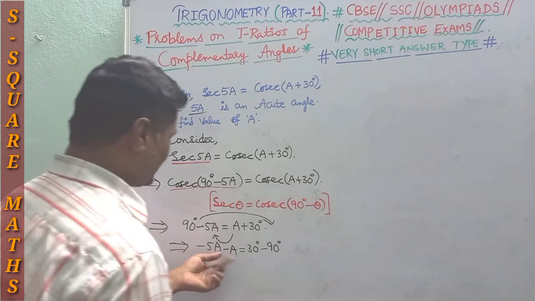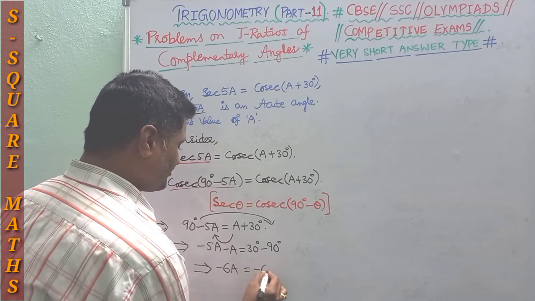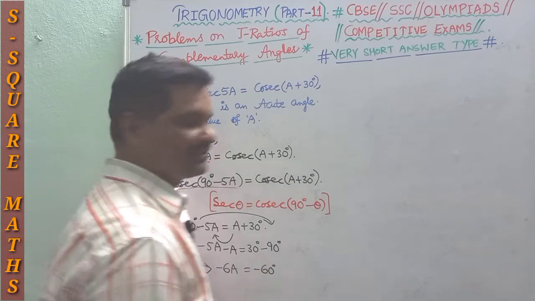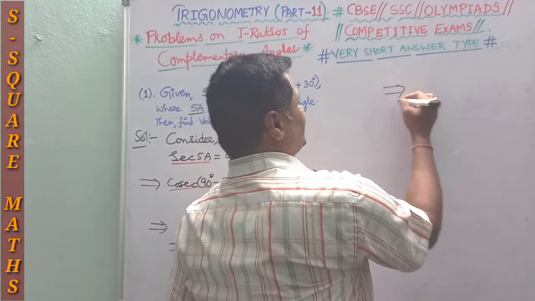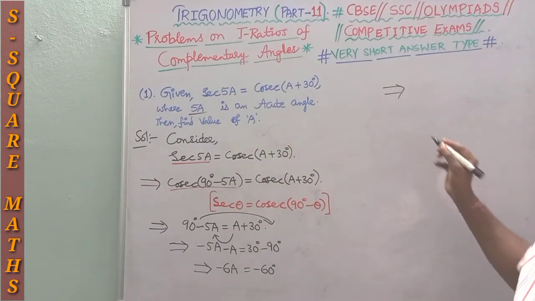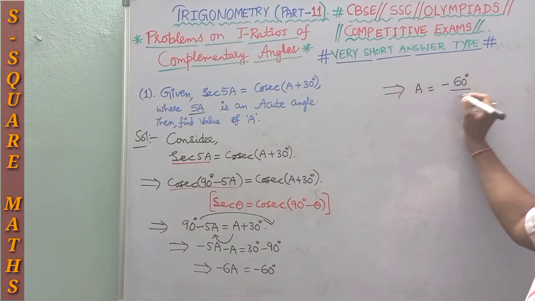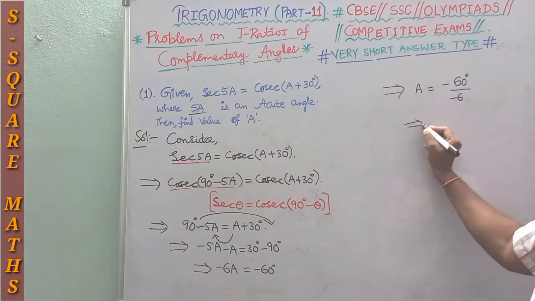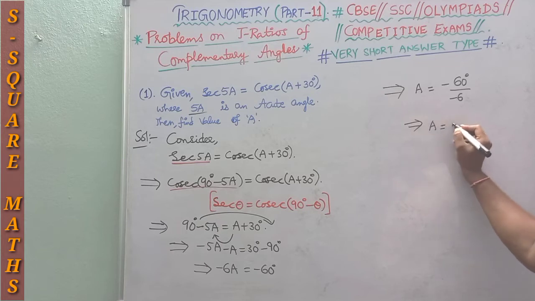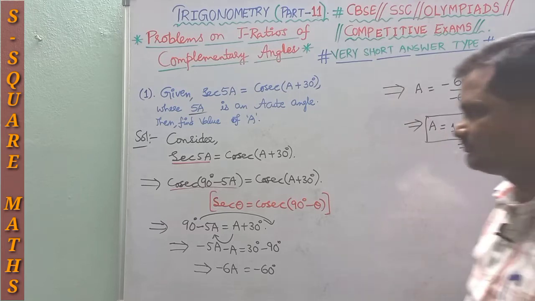So minus 5a minus a is minus 6a is equal to minus 60 degrees. So minus 6a is equal to minus 60 degrees, a is equal to minus 60 degrees by minus 6. So finally a is equal to 10 degrees. Okay, this is the conclusion for this problem.